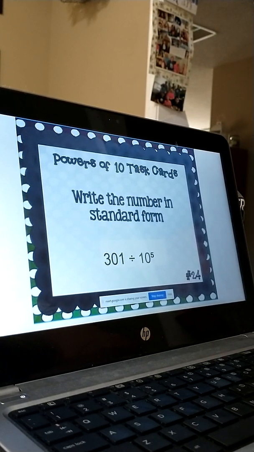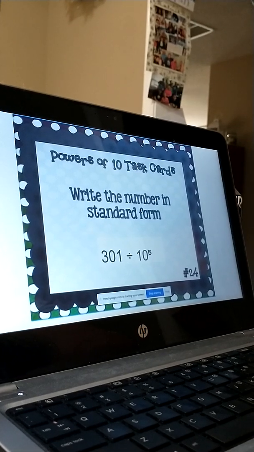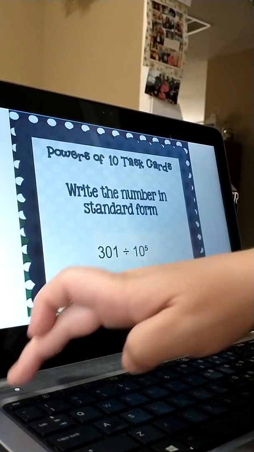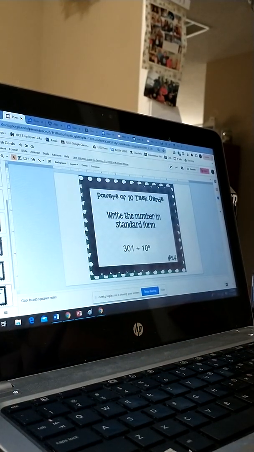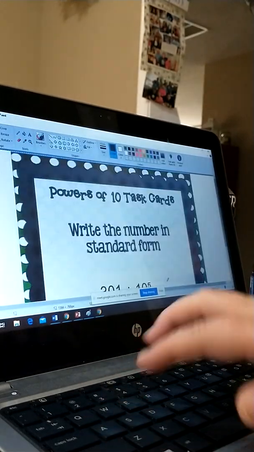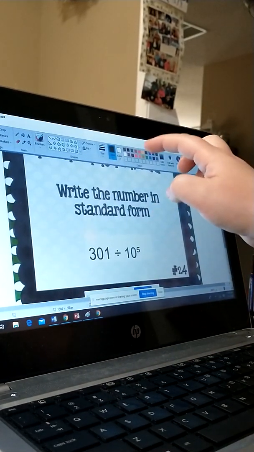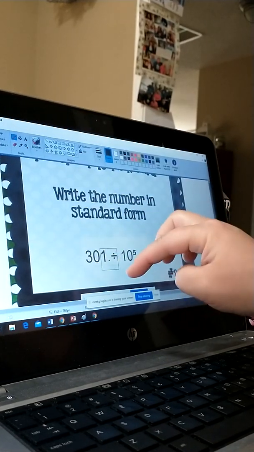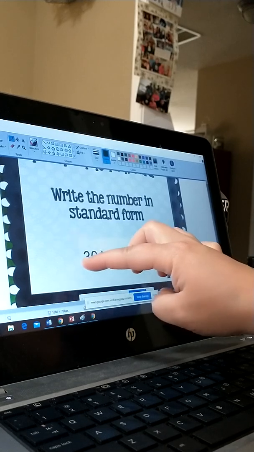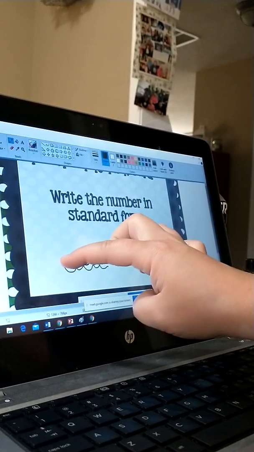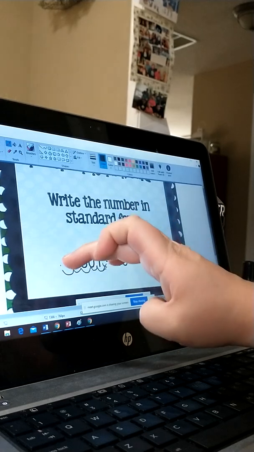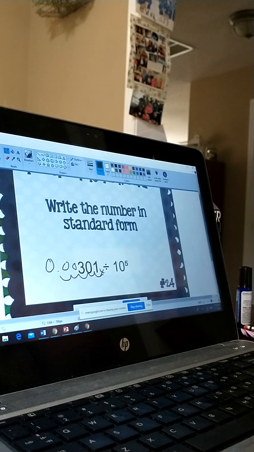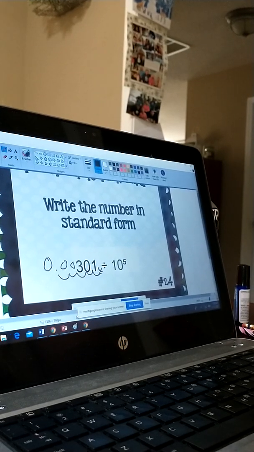Marley's got the same answer. Brady's got the same answer. Good. And all 3 of you are right. Very good job. Because all we're doing is pretending that there's a decimal right here. We're going 1, 2, 3, 4, 5. 0, 0. Again, you can put that 0 in the ones place to make it stand out. Good, Carly. Very good job.